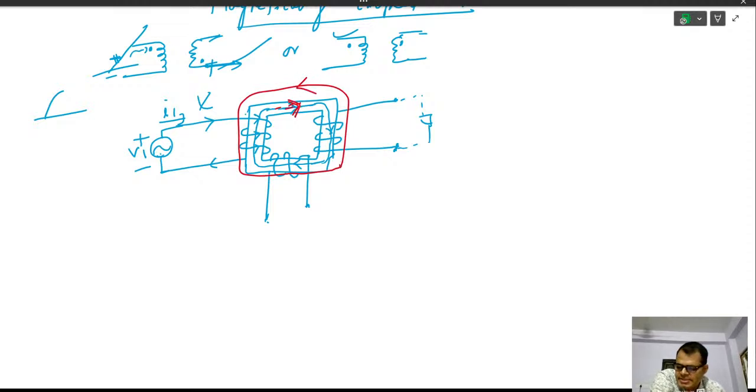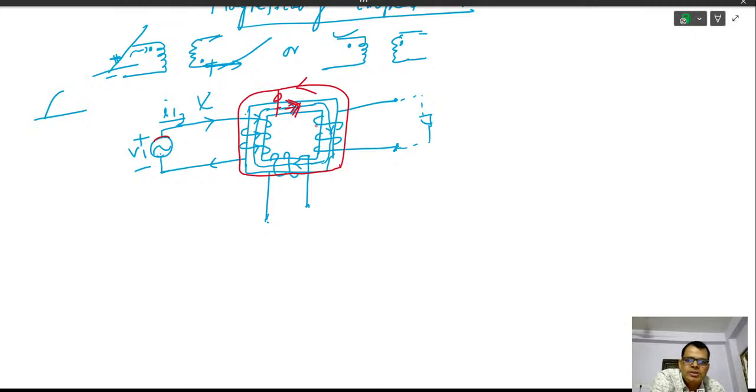Lenz's law says that whenever the causing current or voltage is increasing and its flux is linking and producing a flux phi, it is linking to the other coil.